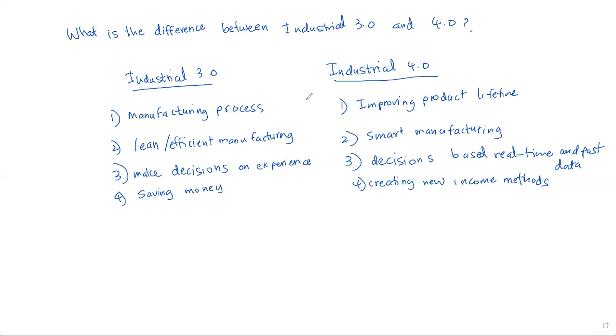But some improvements have been done in Industry 4.0 more than Industry 3.0. Apart from that, some changes have happened in terms of IT applications in Industry 4.0 when compared to Industry 3.0.